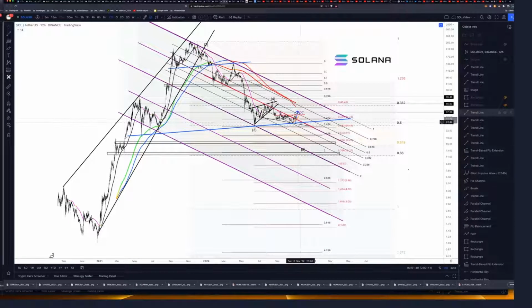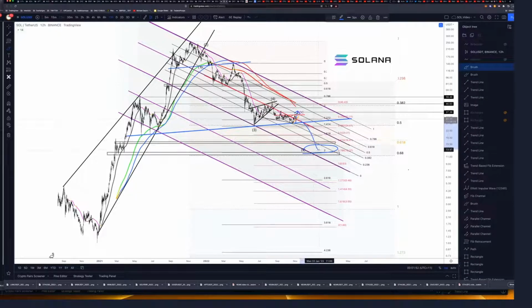So if it breaks that neckline, it's going to go. I think this is where wave 5 might come down to. If this is wave 3 to 4, wave 5 might come down to here, $13 or something, and that's my area of interest. Or if it breaks this channel.